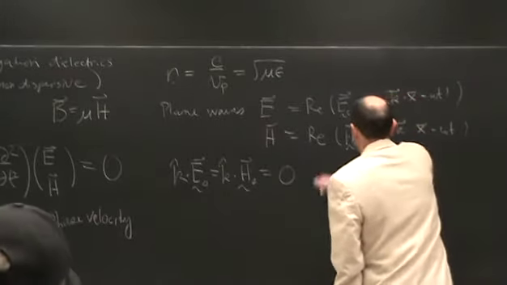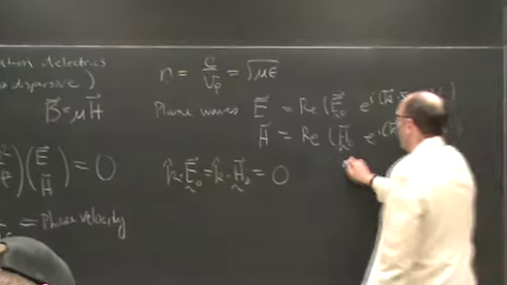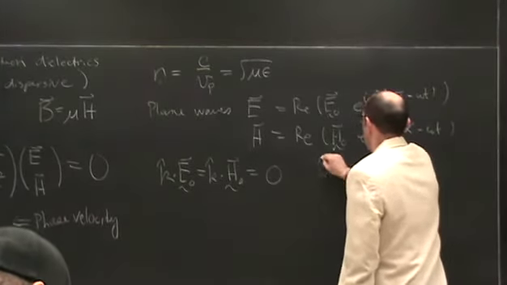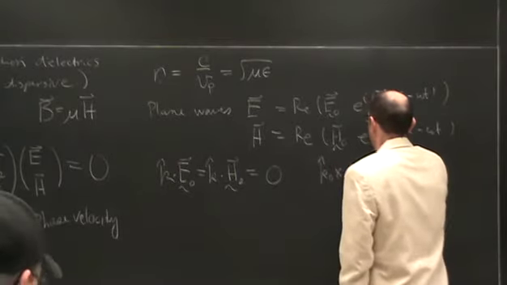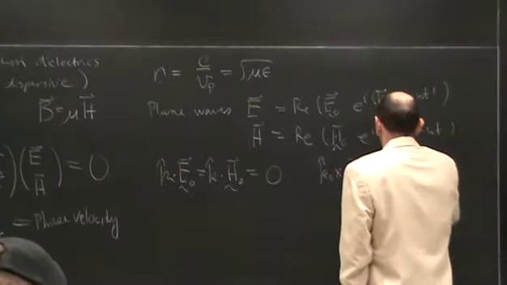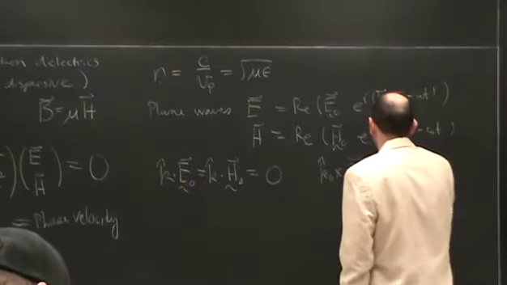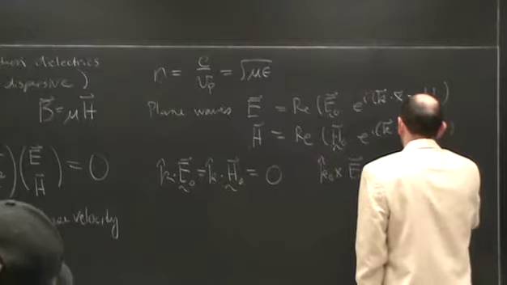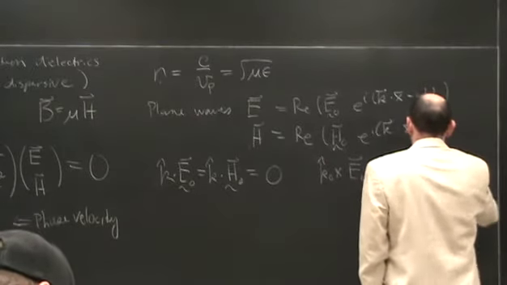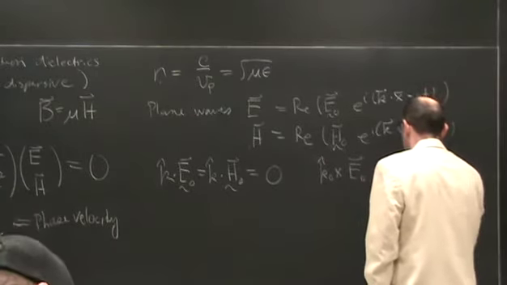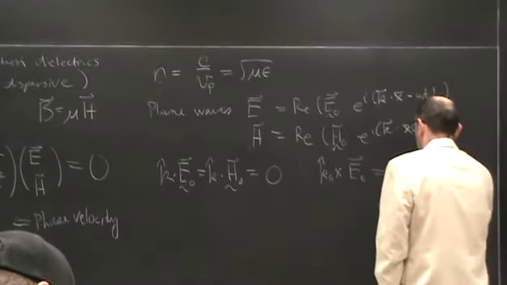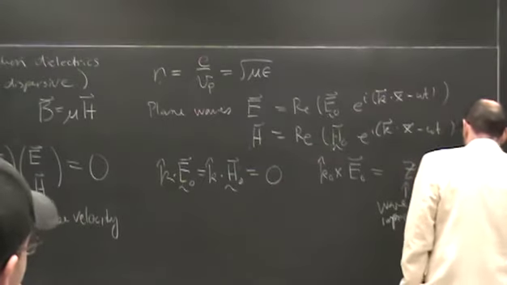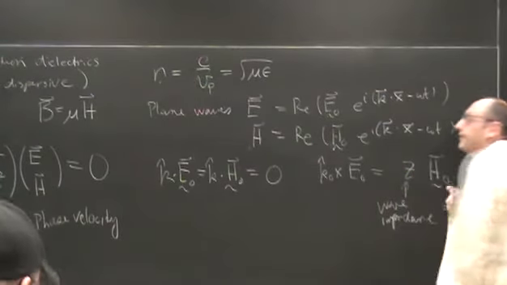We have this relationship here, but what we also found was that the magnitudes of E and H are not equal, generally speaking, but related by what we call the wave impedance, which was equal to the square root of mu over epsilon.